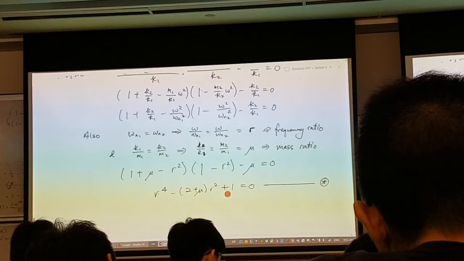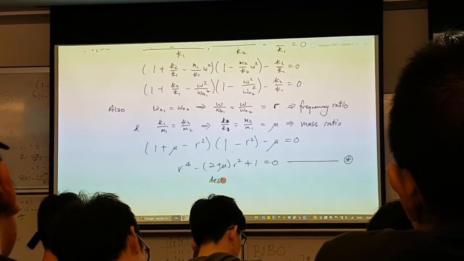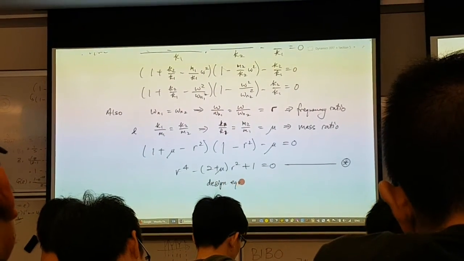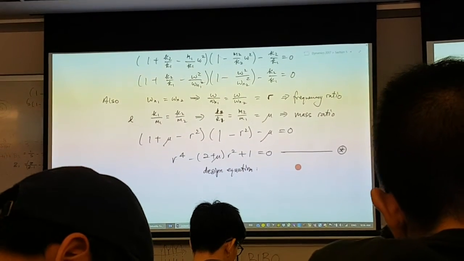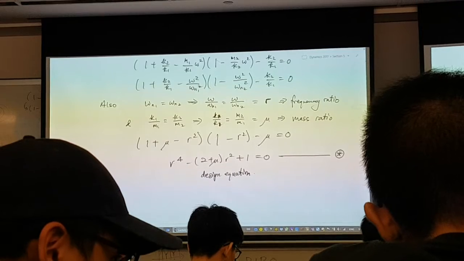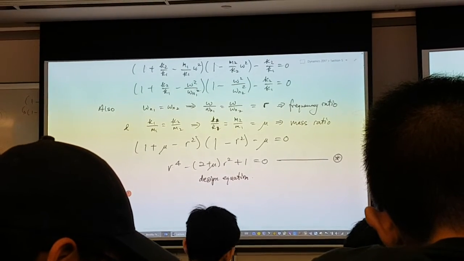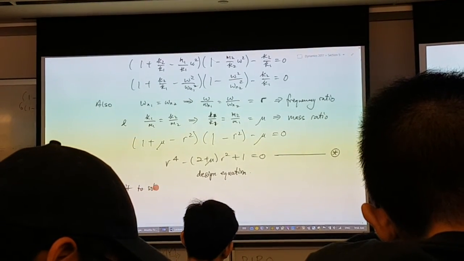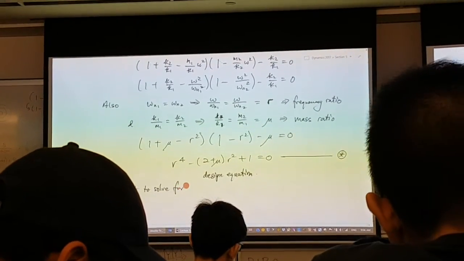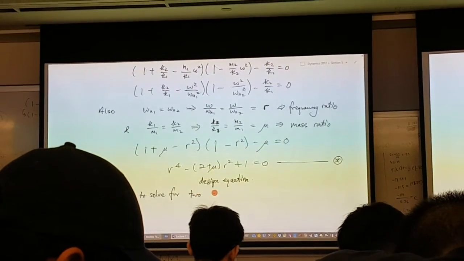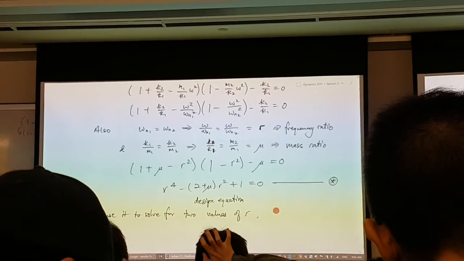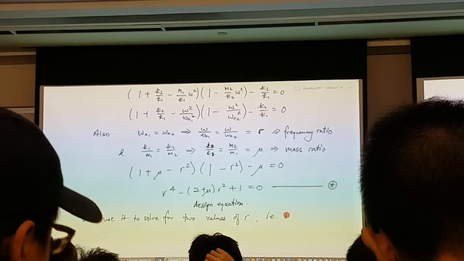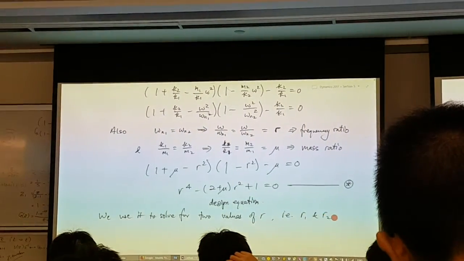So this sort of equation is what we call a design equation. And later on, I'll tell you why it is called a design equation. Now, we use it to solve for two values of R, that is R1 and R2.